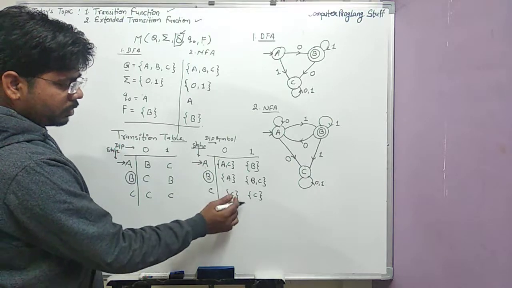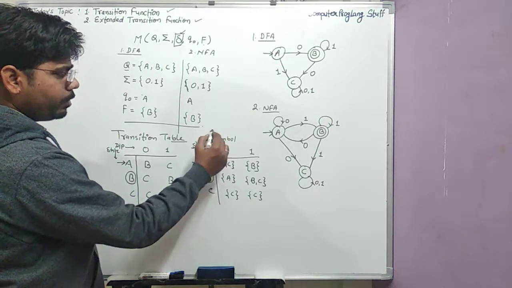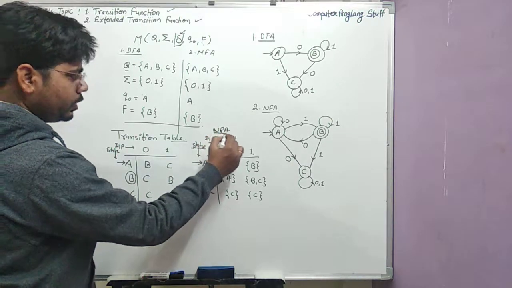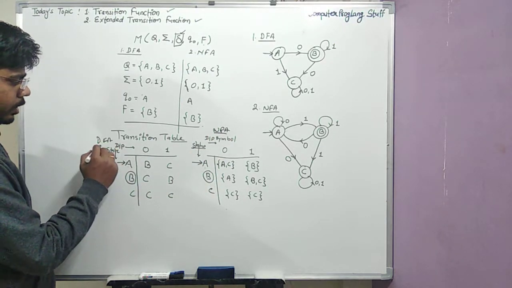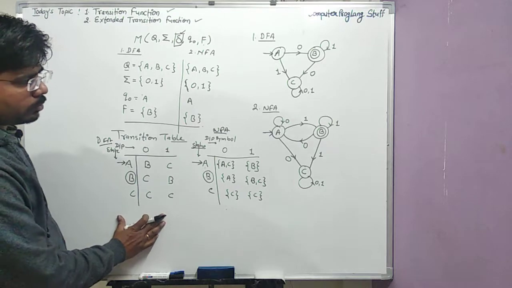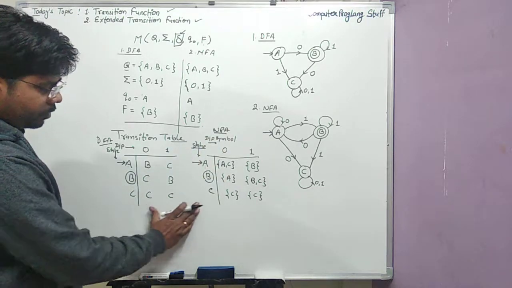So this is the transition table for NFA, and this is the transition table for DFA.